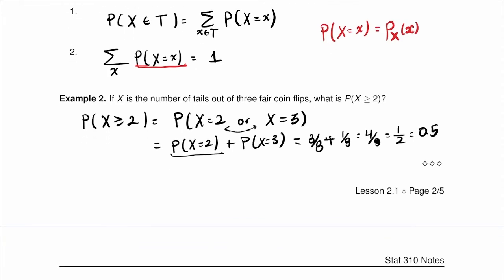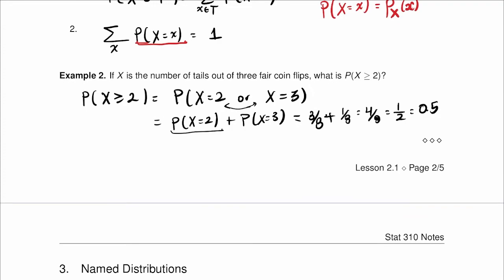There is another way to solve this, and it's using the complement. We can use this, or we can use the complement. The probability of X being greater than or equal to 2 is also 1 minus the probability of the complement of this event.